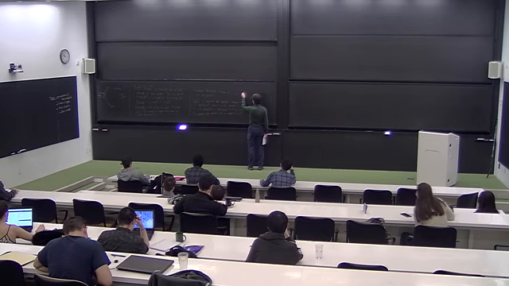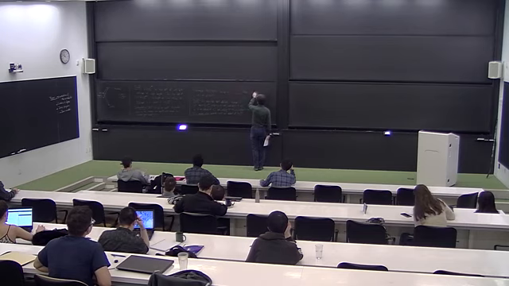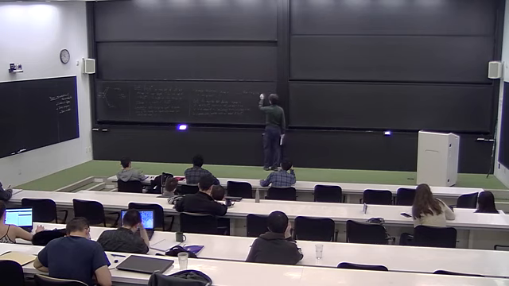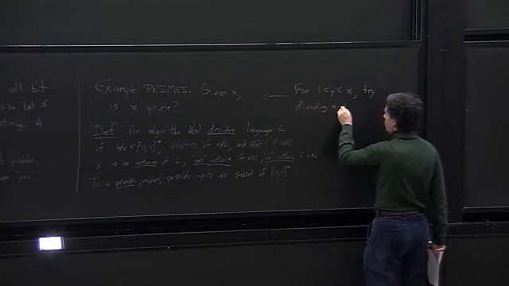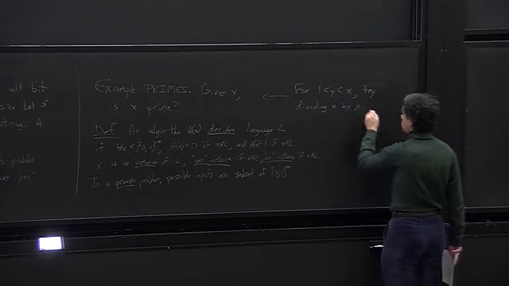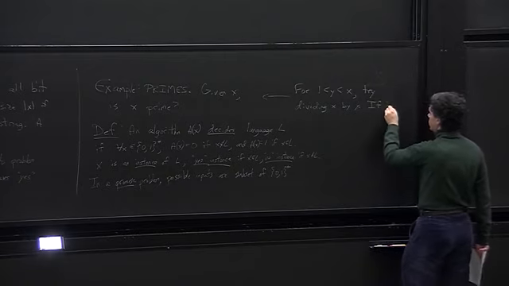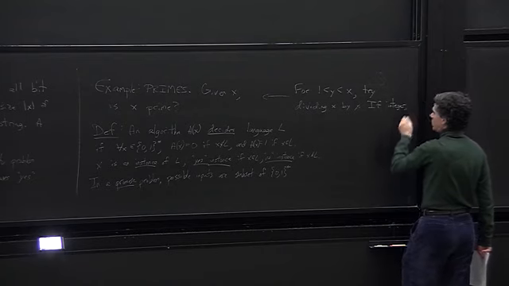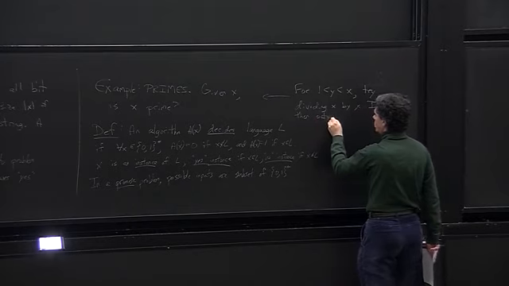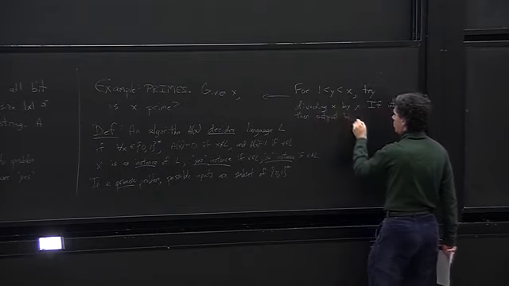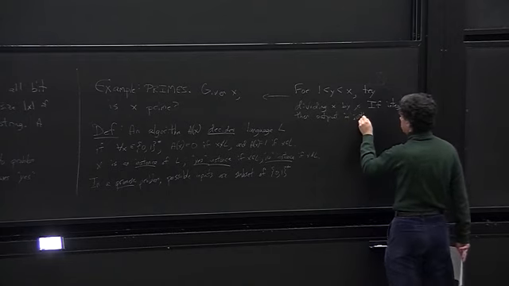Let's step through y from 1 to x and try dividing x by y. If that works, if we get an integer, then we output no or 0. Otherwise, continue.